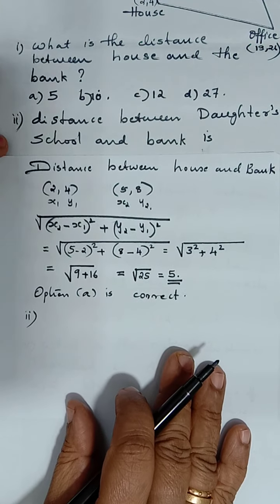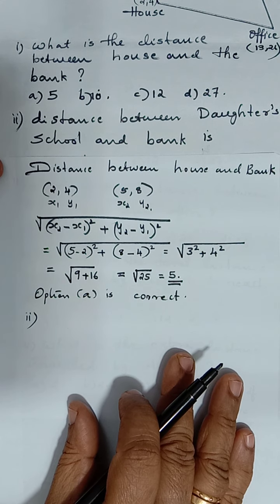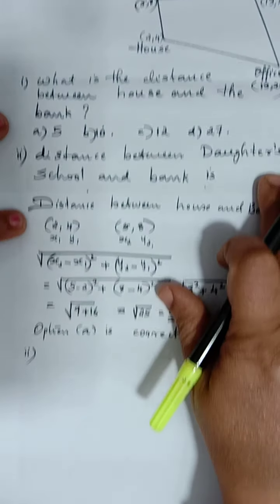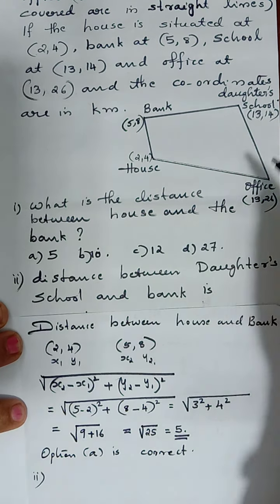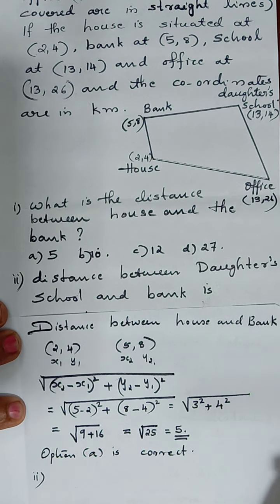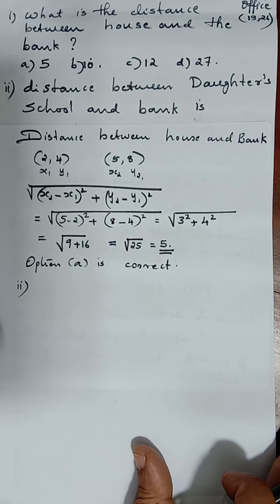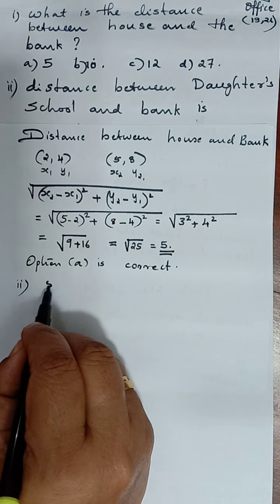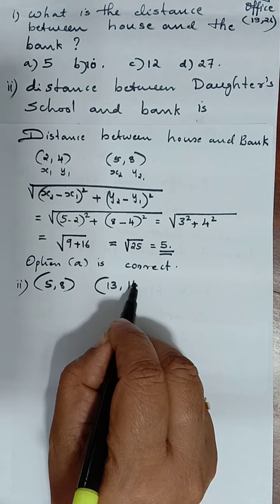Distance between daughter's school and bank. Daughter's school's point, coordinate we will mark. So the coordinates are, distance between daughter's school and bank, (5, 8) and (13, 14). So let us find out the distance. (5, 8), (13, 14).